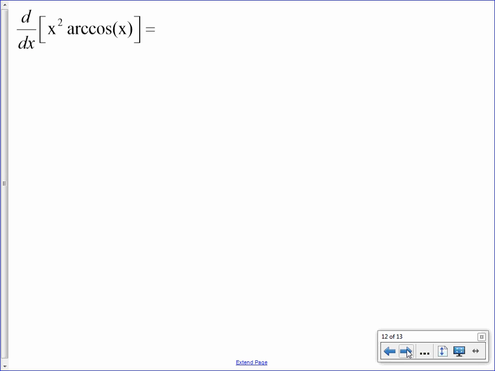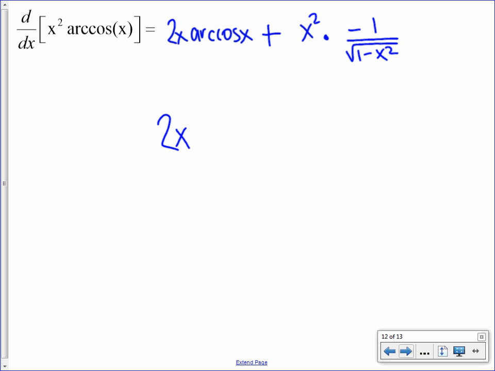So when we do the product rule, we take derivative of the first, 2x, times the second, plus the first times the derivative of the second. So we have 2x arc cosine x minus x squared over radical 1 minus x squared.